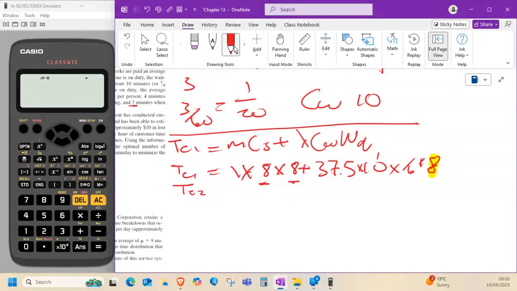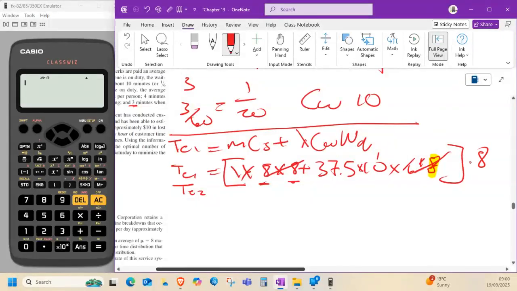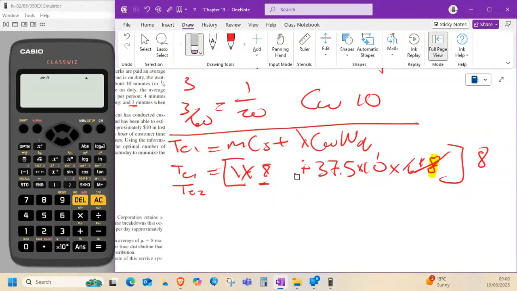Sure. Mathematically speaking, if we remove this 8 from this side, it's going to be the same thing, whereby at the end you say, if I do this for an hour, now I want to see it for the whole day, so you multiply by 8.